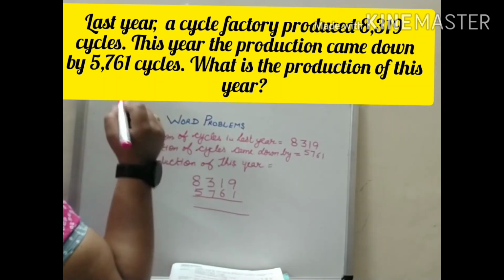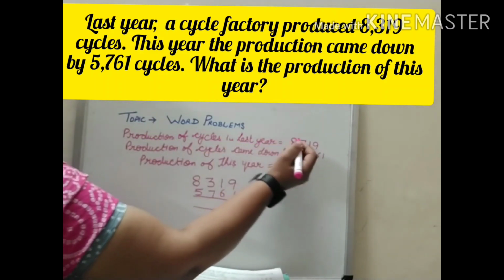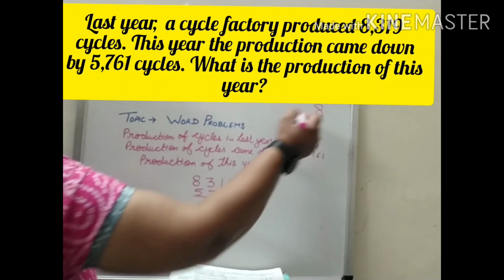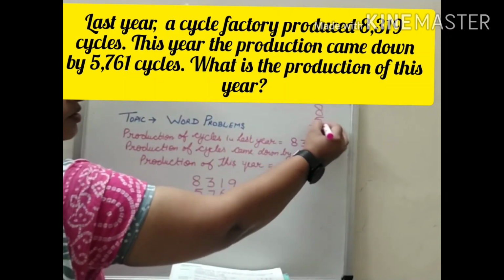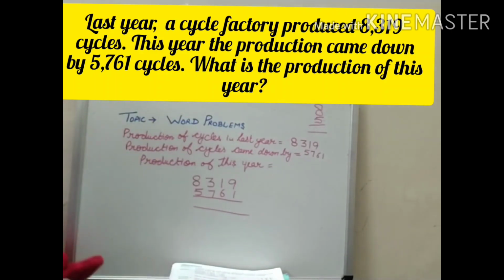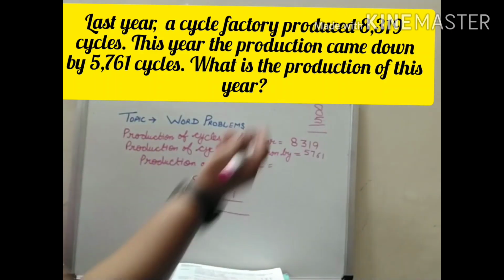For example, you think production of cycles last year is 8, and if the production of cycles came down by 5, then what will be the production of this year?